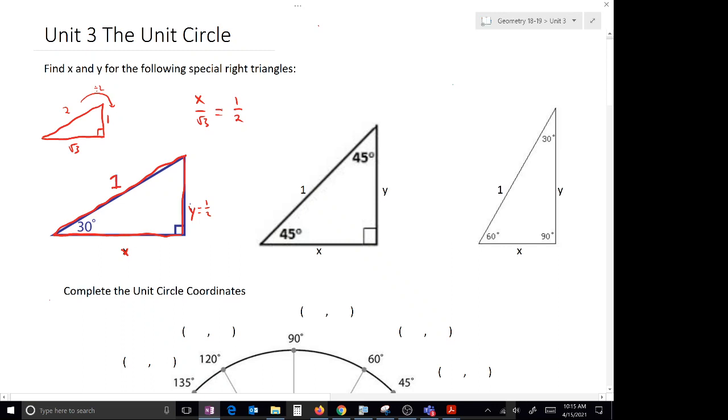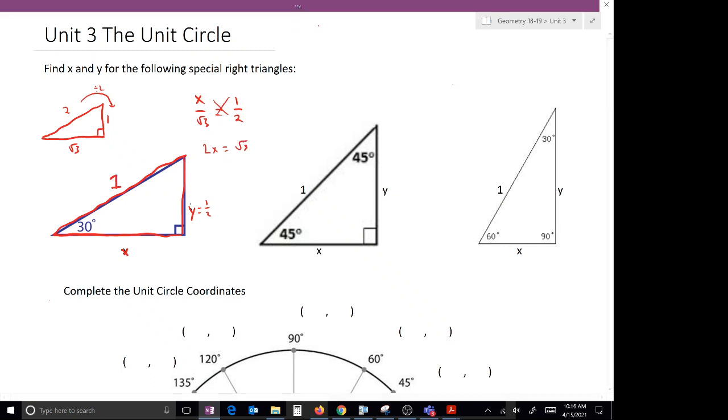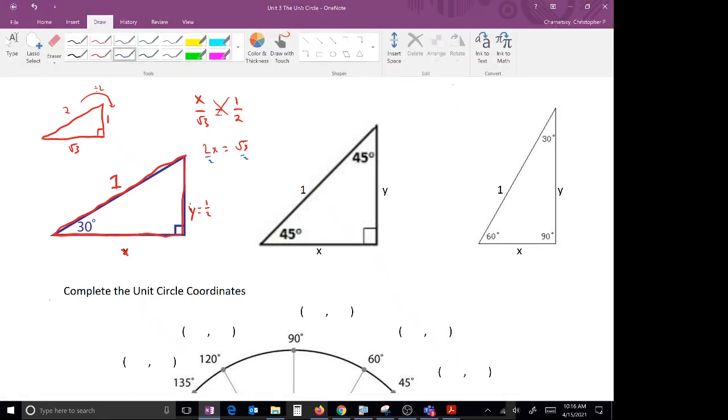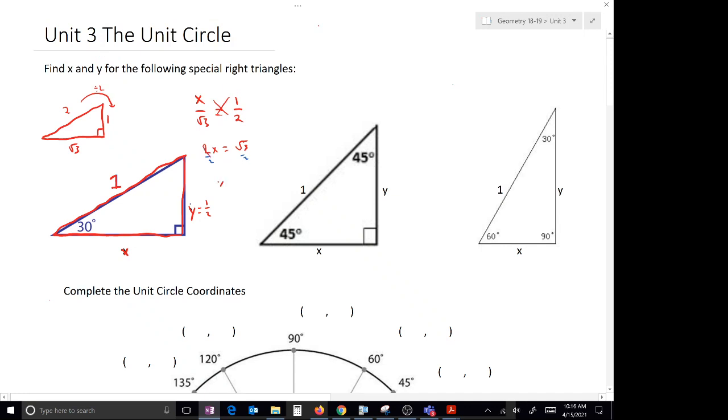We'll go ahead and cross multiply. So we get 2x equal to root 3. We'll divide by 2. And so we get x is equal to root 3 over 2.